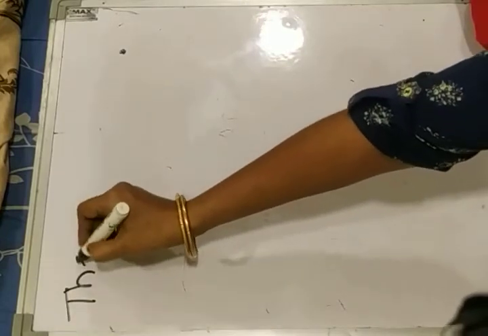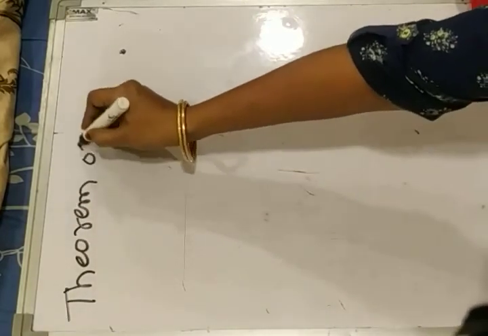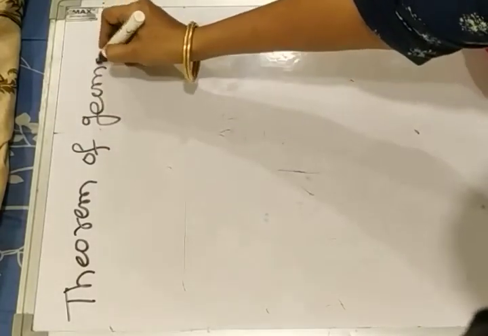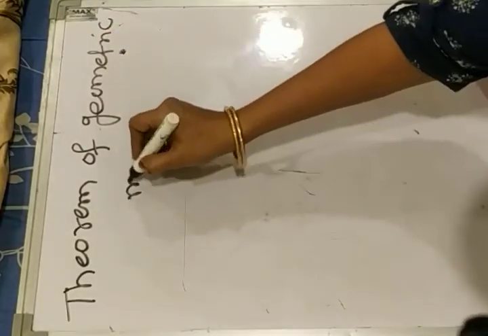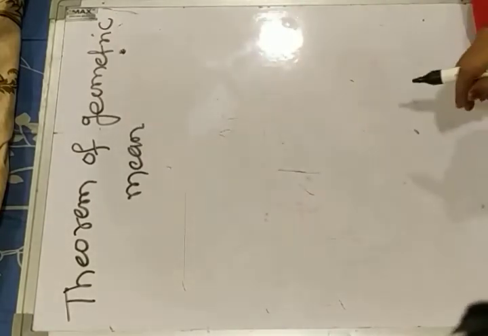In a right angle triangle, the statement of the theorem of geometric mean is: in a right angle triangle, the perpendicular from the opposite vertex to the hypotenuse is the geometric mean of the segments into which the hypotenuse is divided.